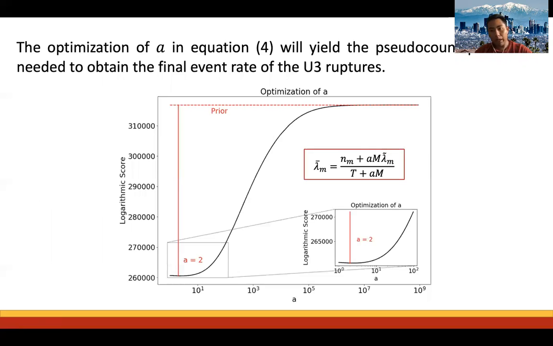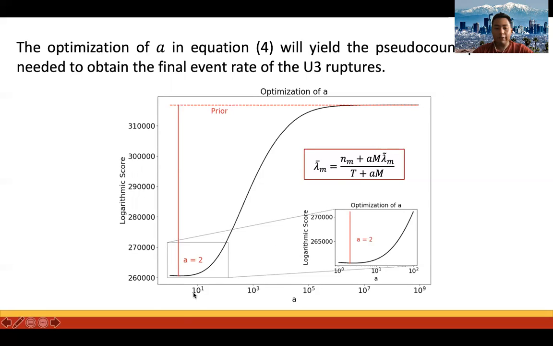We take the calibration catalog to test it against the testing catalog. We do that by taking the negative-oriented logarithmic score for different forecasts using different pseudo counts given in this equation in the red box.